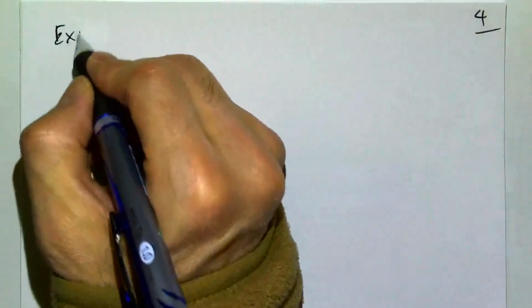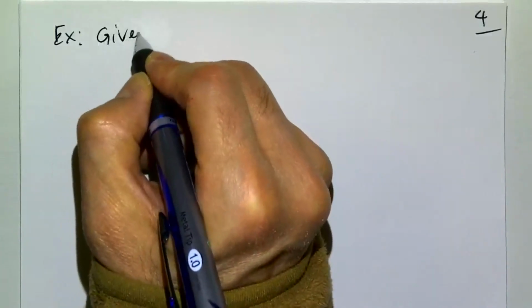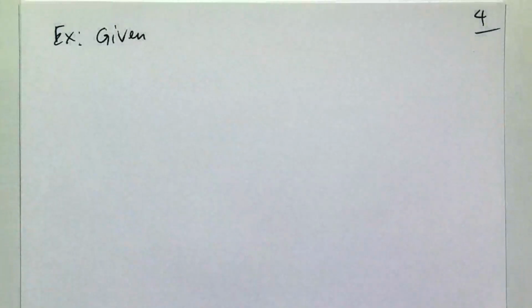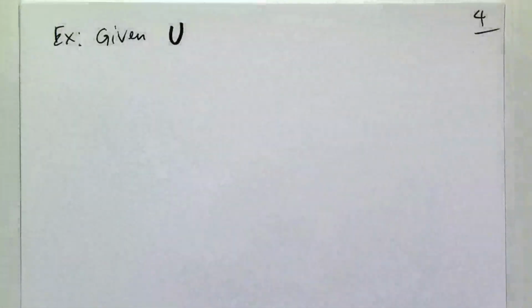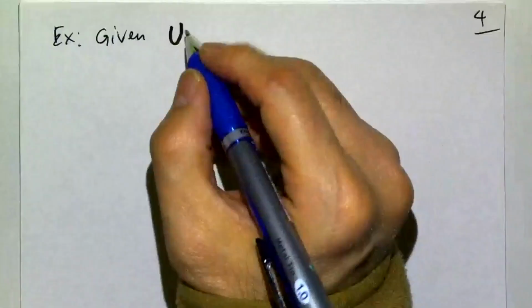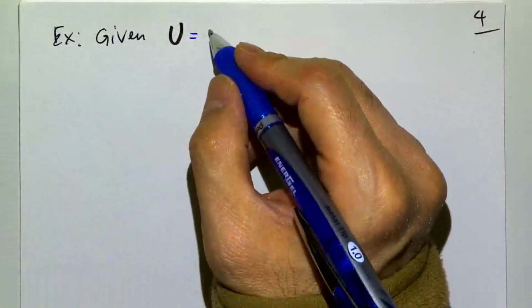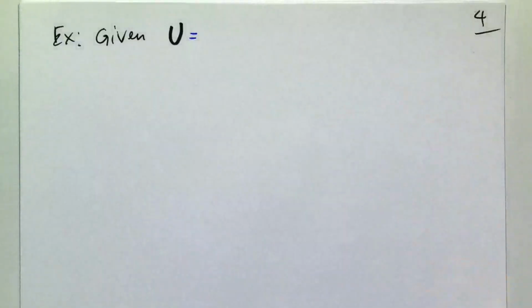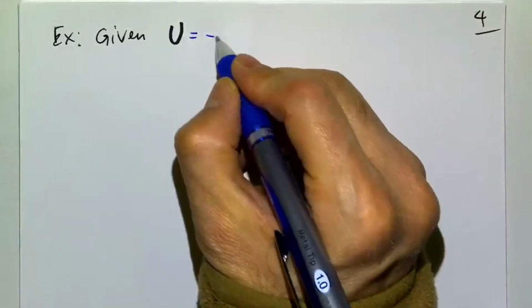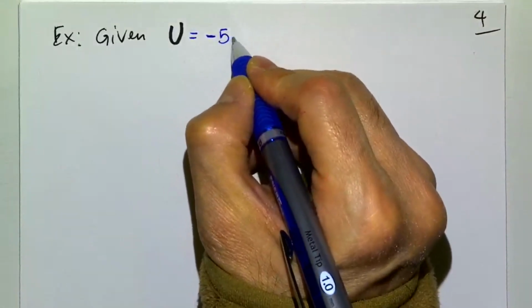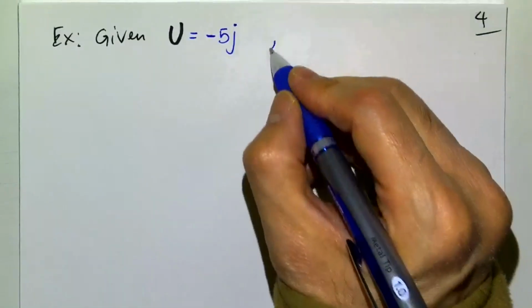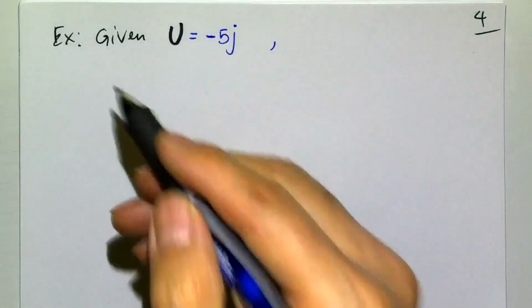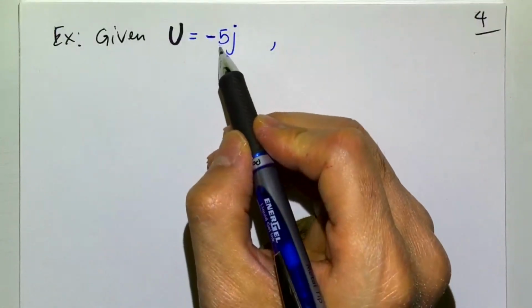All right, suppose in this example we are given two vectors again. And this time we're given these vectors in ij form. So we know that u is minus 5j, so there's no i component for this. Or there's no horizontal component, we just have the vertical component.